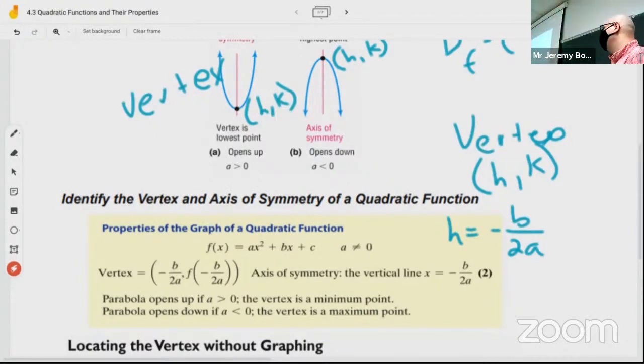I tried to teach it one time. I think I confused it, but it's interesting if you ever want to look at it. Just let me know. Do it outside of class. But that is basically how some of that is related. And so that's what makes it easy to remember in my mind. h is going to be negative b over 2a. Plugging those values into that formula. Boom.